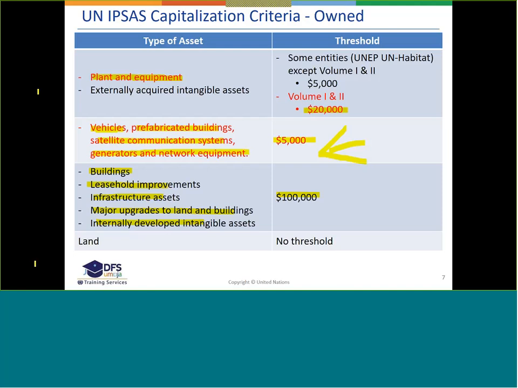Okay. So in other words, what I'm saying is that if you have an asset whose cost was over the capitalization threshold, it has a useful life of more than 1 year, and it's controlled by the UN, and if procurement, requisitioners and inventory manager took the right steps in the system, we will have the asset master record.